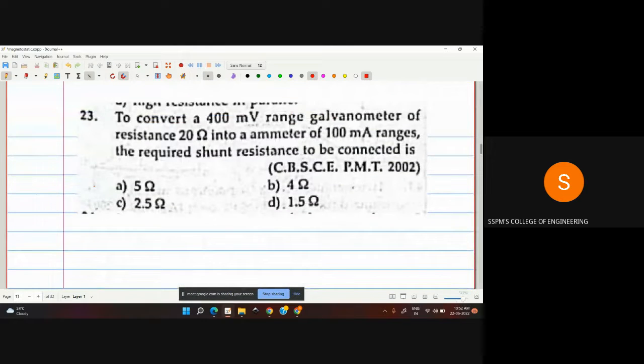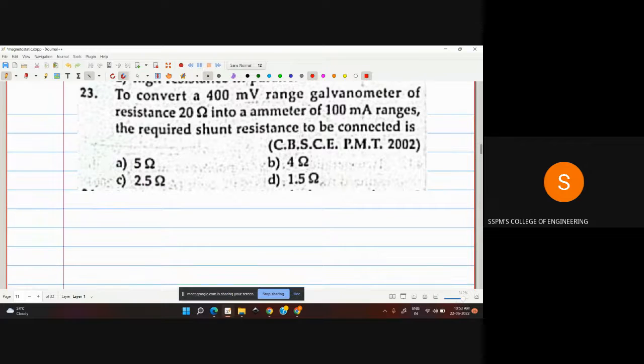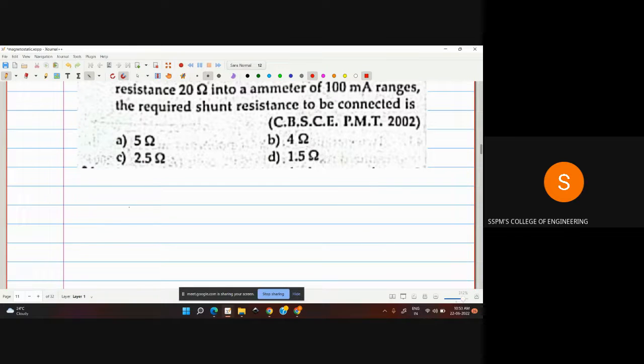Next, to convert a 400 millivolt range galvanometer of resistance 20 ohm into an ammeter of 100 milliampere range, what is the required shunt resistance to be connected? आता एक कसं कॅल्क्युलेट करायचं बघा. आधी काय करा तुम्ही, draw the circuit of ammeter.